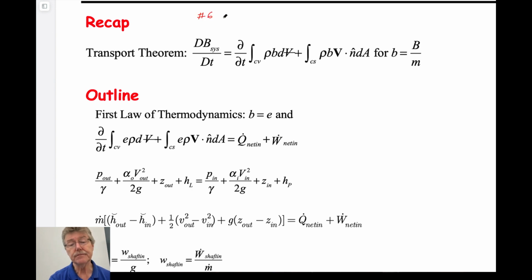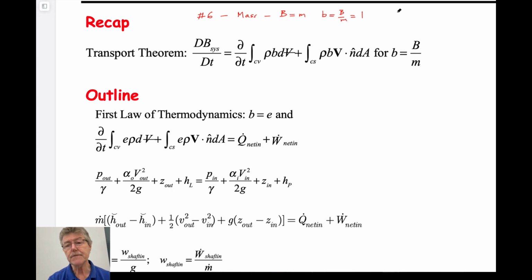So, week 6 was conservation of mass. If you remember, we had this property, capital B, which was equal to mass, and lowercase b, which went into Reynolds transport theorem, was B over mass, which was equal to 1.